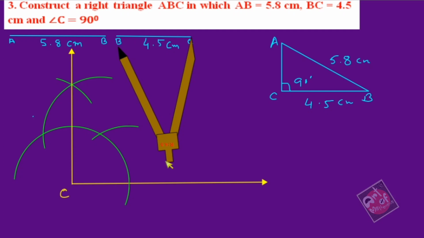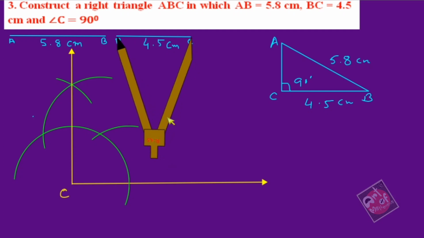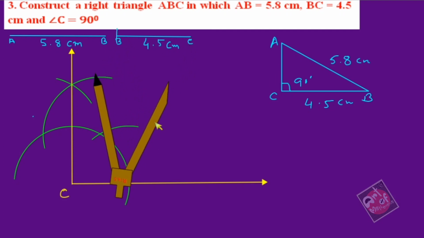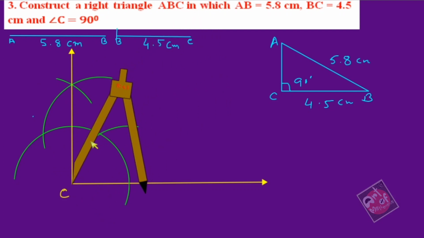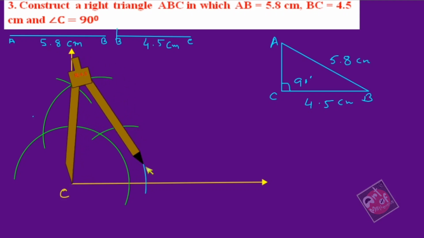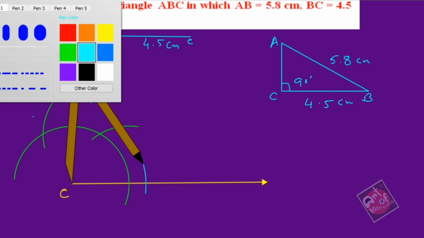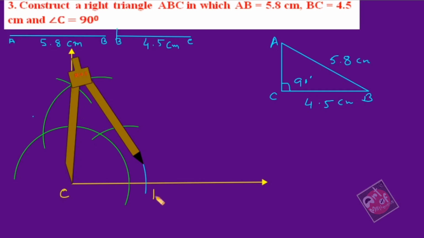Here it is 4.5 centimeters. So put it and cut it. From the point C I have to cut it, that is B. Why is it B? Because I have taken here 4.5 centimeters, so that is CB, 4.5 centimeters.